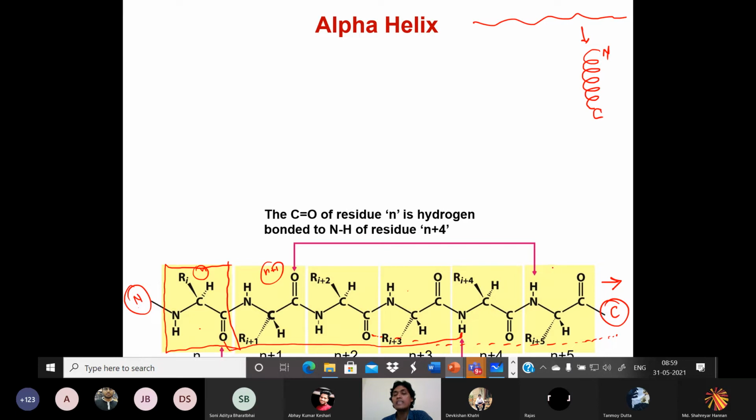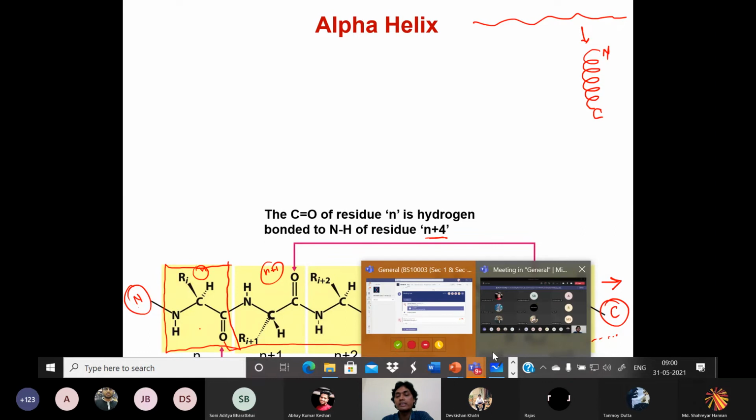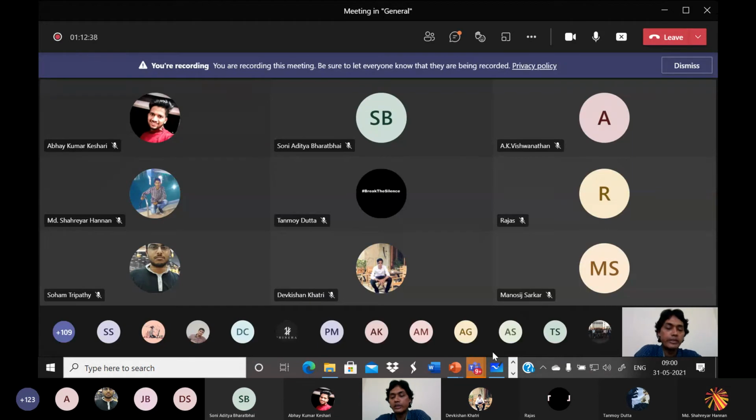As a result, this N plus 4 hydrogen bonding between the CO and NH groups makes this alpha helix.